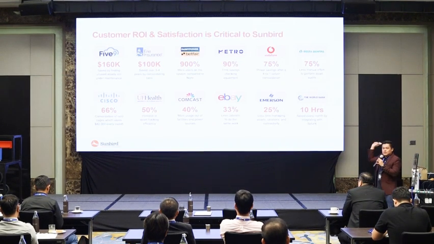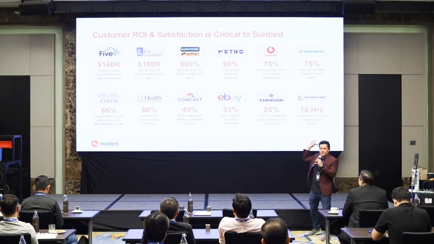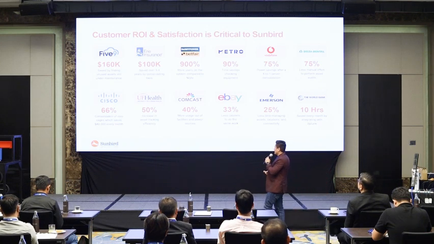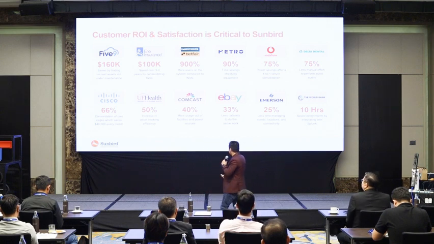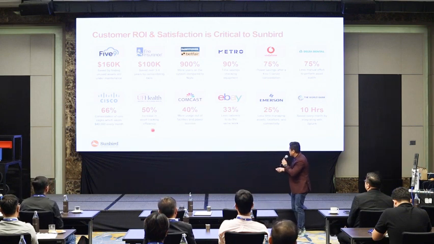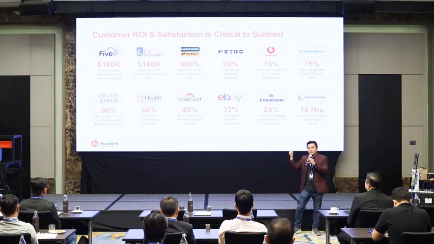And these are the real world ROI from our customers. They do their own calculation, they send it to us, so we post it on our website. You can check it out on sunbirddcim.com. This is how they achieve all this ROI. Like this Comcast, 40% more power from their existing racks. How did they achieve this?